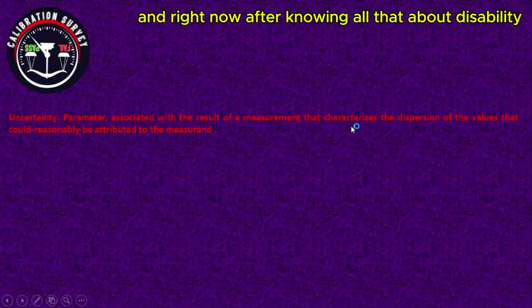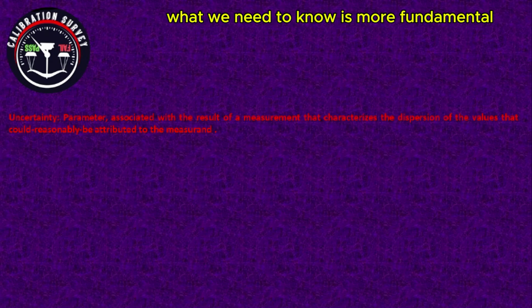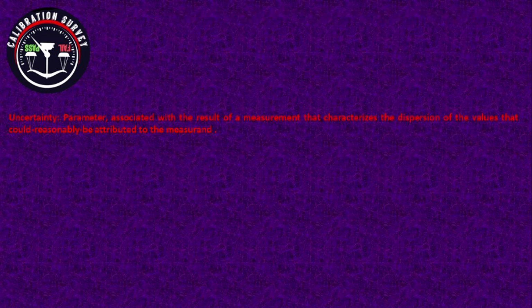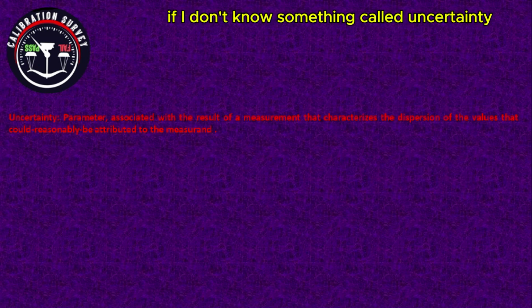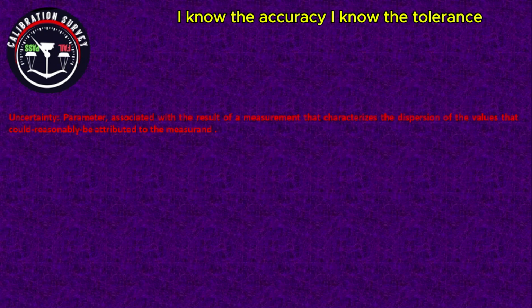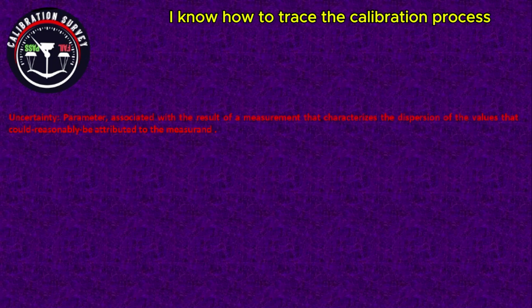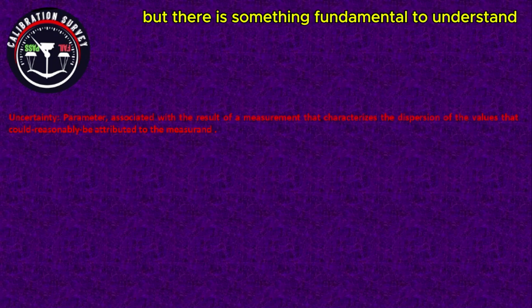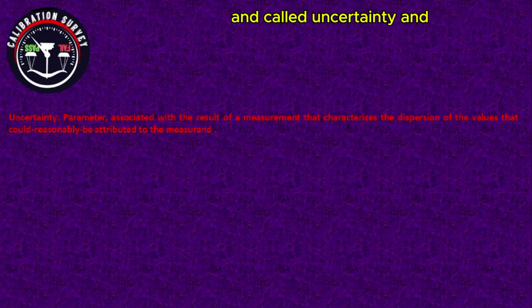And now, after knowing all that about traceability, what we need to know is more fundamental. If I don't know something called uncertainty, I cannot do calibration. Okay, I know the accuracy, I know the tolerance, I know how to trace the calibration process, but there's something fundamental to understand called uncertainty.